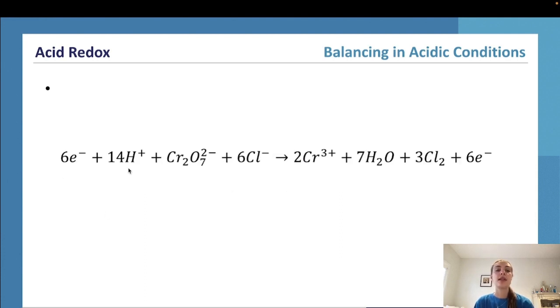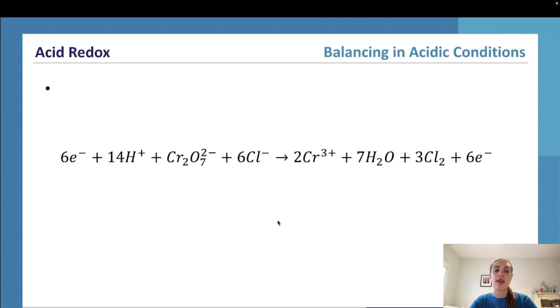So we get 6 electrons plus 14 H+ plus dichromate ions plus 6 chlorine ions makes 2 chromium ions plus 7 H2O plus 3 chlorine plus 6 electrons. And then we can cancel out what's common on both sides. So that's the 2 lots of 6 electrons.